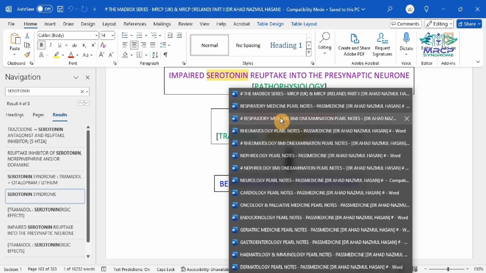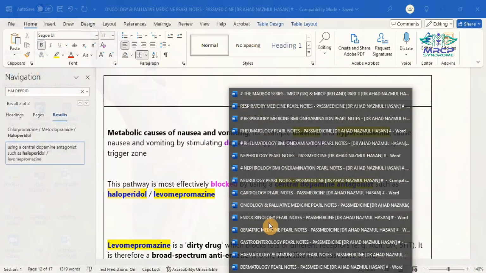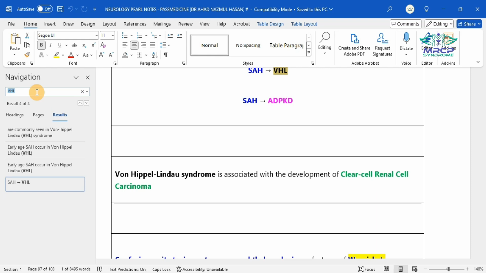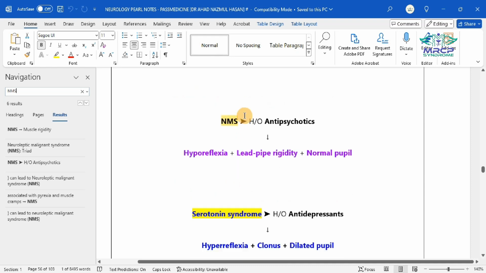So how to differentiate serotonin syndrome from NMS, neuroleptic malignant syndrome? In case of neuroleptic malignant syndrome, there should be a history of taking antipsychotics, or a history of abrupt cessation of antipsychotic medication.